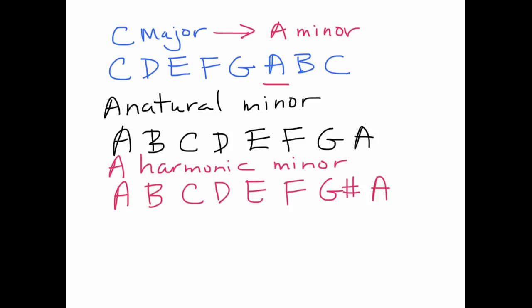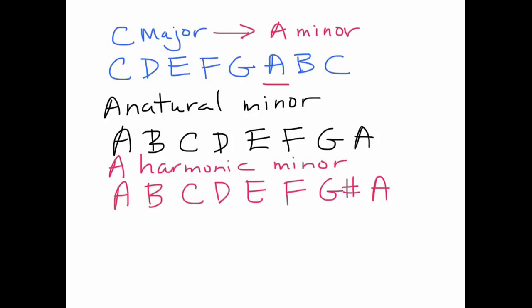Now you can hear that it sounds a bit better now. But there is this really large gap between the F natural and G sharp. So if you're playing this scale, remember that there's more than a whole tone between the F and G sharp. And that interval is what gives the harmonic minor its exotic sound. A lot of people call it Egyptian sounding.